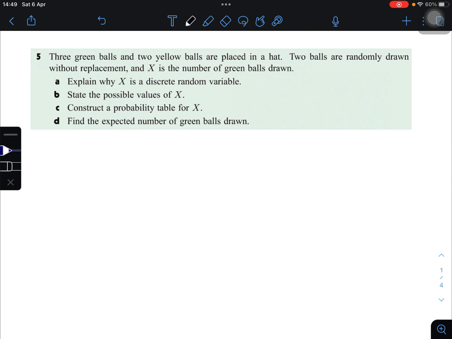Well, it's discrete because it has a distinct set of possible values. So you can even just put distinct. The key part here is that you're only picking out 2, so you can only have 0, 1, or 2 green balls out of 3.